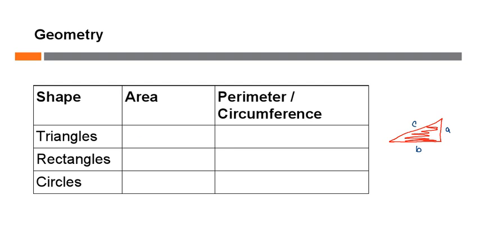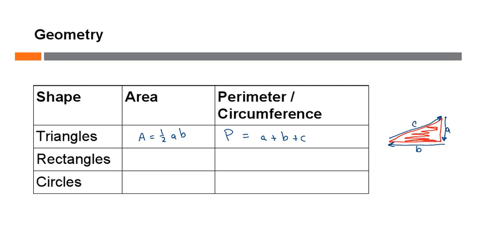The area is 1/2 the base times the height, so I'm going to write 1/2 AB. If you're using B and H, then it'd be 1/2 BH, but whatever you name the sides of your triangle determines what variables get used in that formula. If I walk all the way around this thing, I'd have to walk A, and then walk B, and then walk C, so the perimeter, the distance around, is just going to be A plus B plus C, like that.